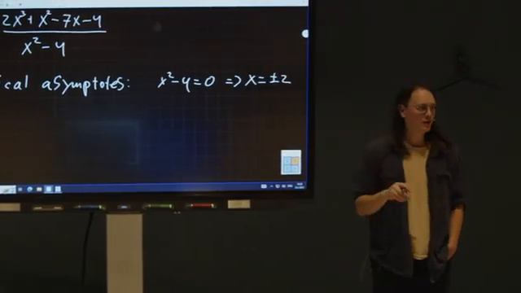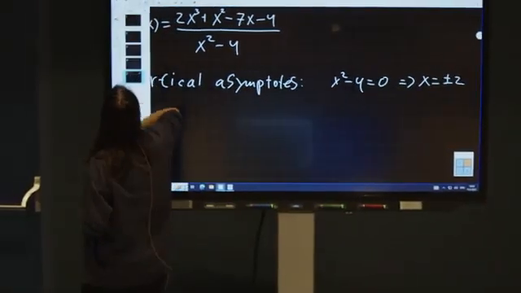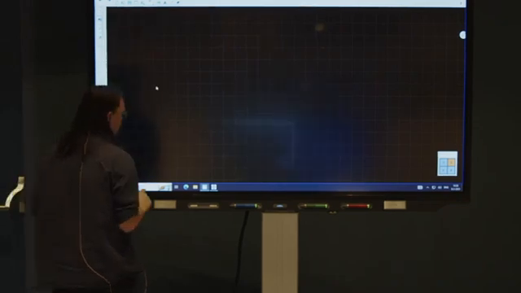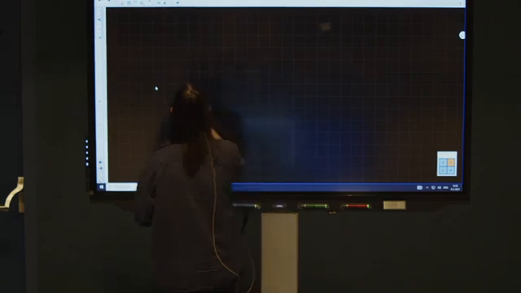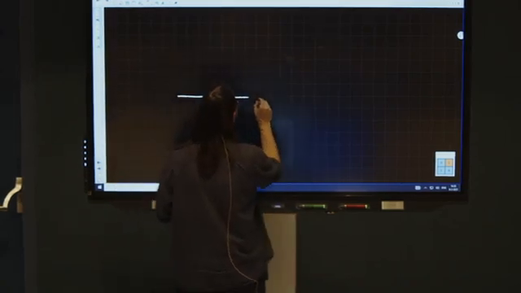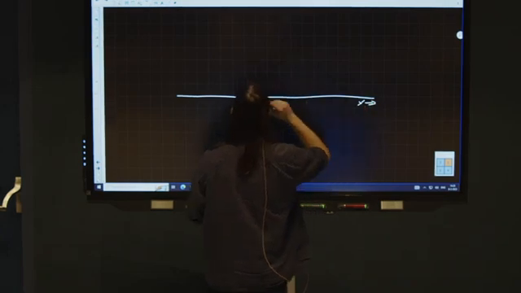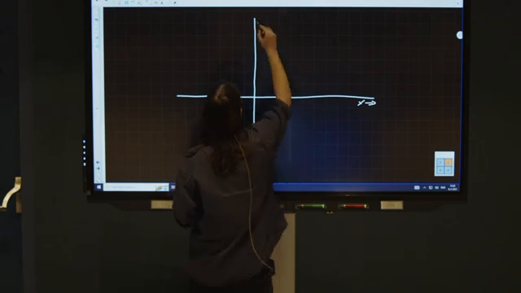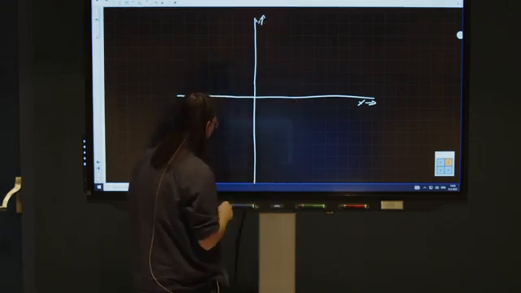So when I start sketching, maybe I'll do it on a different page. That's a good idea. Let's do that. All right. That's my x-axis, nice and straight. It's my y. All right.